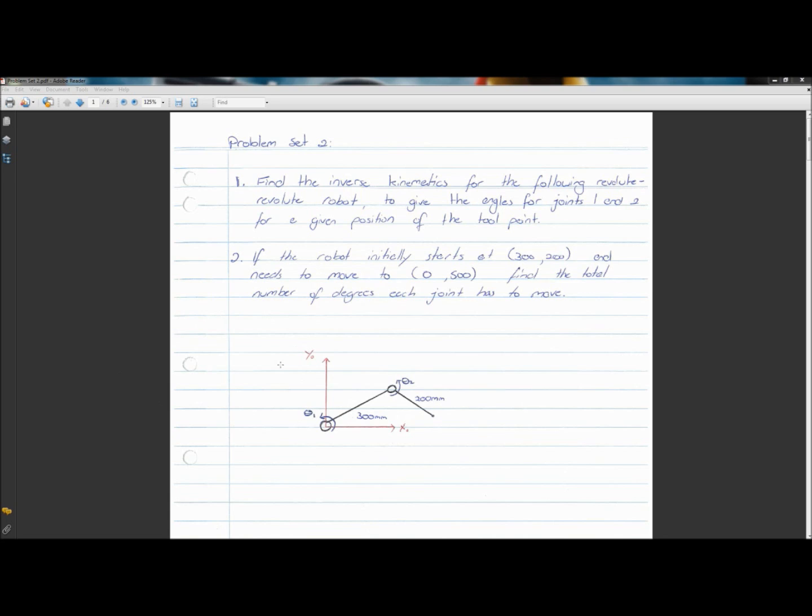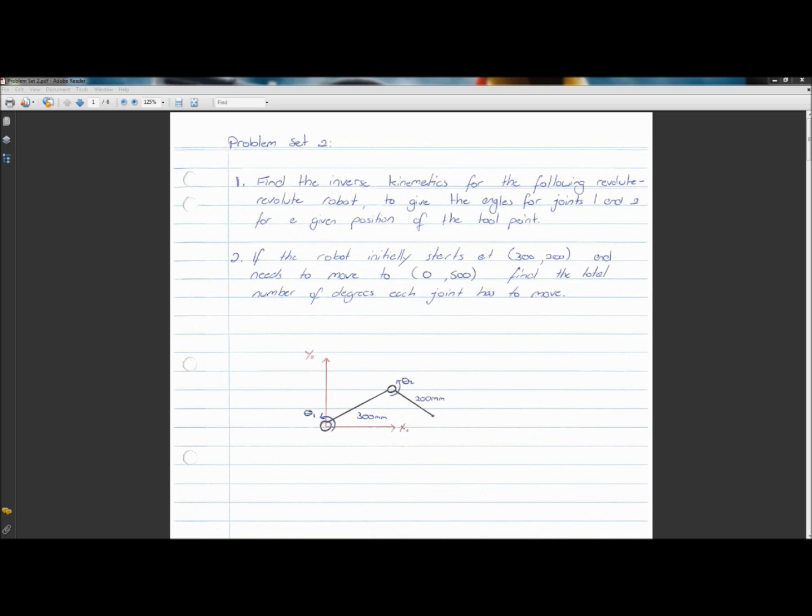Okay, so this is our robot down here. You notice that for this example we're just going to be working in the 2D space. You can easily take this to be in the 3D space, but it can be a bit hard to visualize sometimes, so I've just kept it to 2D space. So we have our first joint, which is a revolute joint.